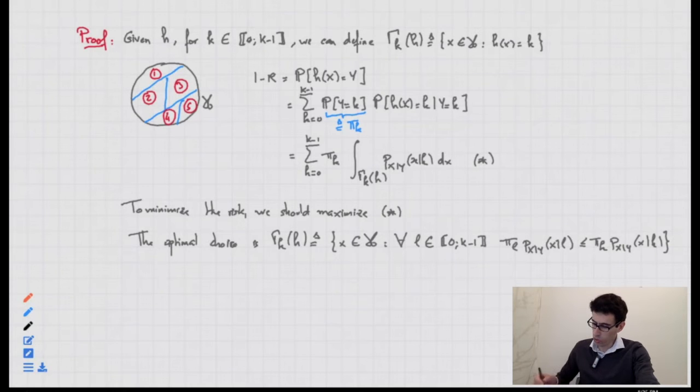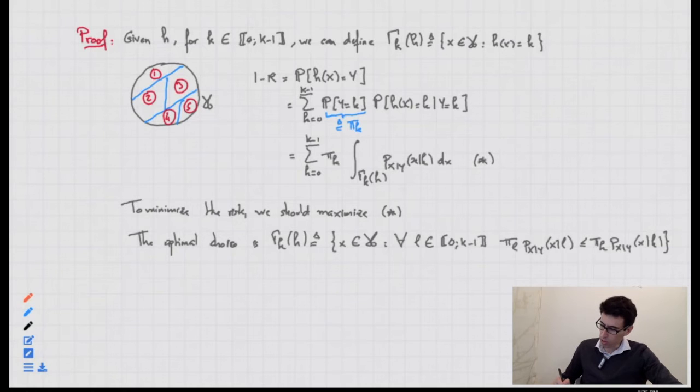So why is it, as I claim, the optimal choice that you can make here? Well, that's the optimal choice because if you were to make any other definition for the decision region gamma, you would only reduce the value of the risk. And it's good to think about it in terms of buckets here. I'm going to illustrate that, even though once you get the explanation, you'll see exactly why I was going that fast.